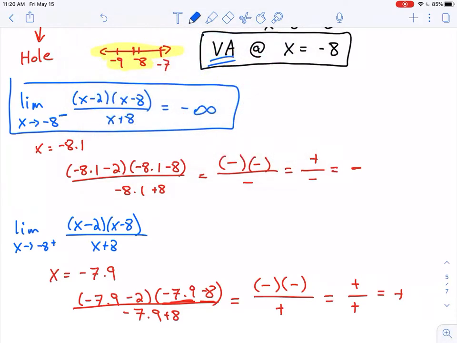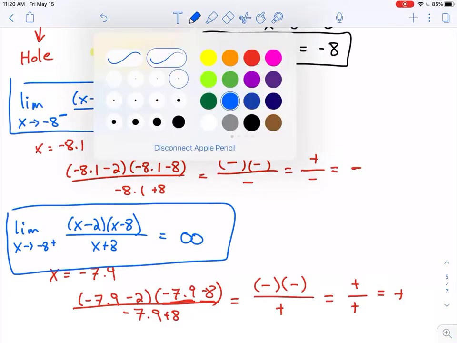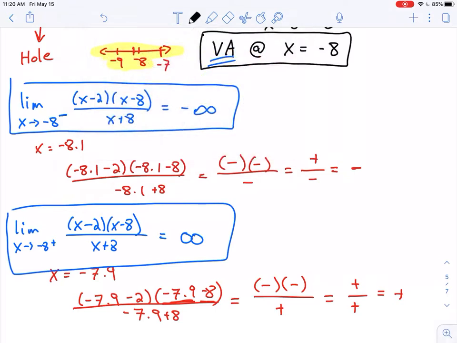So that means that the right-hand limit must approach positive infinity. So I have the left-hand limit, I have the right-hand limit. So then when it comes time to talk about the two-sided limit, the limit as x approaches negative 8 of f of x, well, they're not the same, so the two-sided limit does not exist.